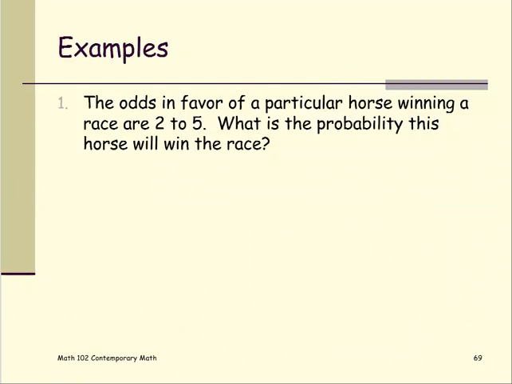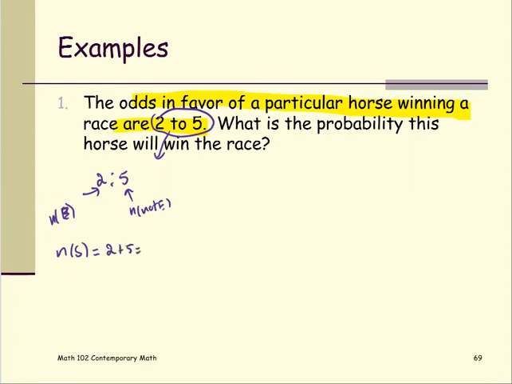For the first example, the odds in favor of a particular horse winning a race is 2 to 5. What is the probability that the horse will win the race? From the numbers 2 to 5, that means 2 will occur, and this is the N of E, and this is N of not E. That means the N of S, or the number of total outcomes for the sample space, is 2 plus 5, which is 7.